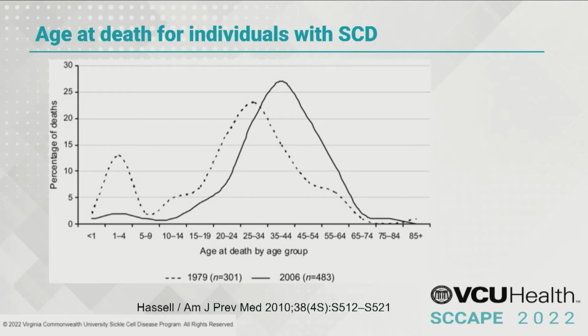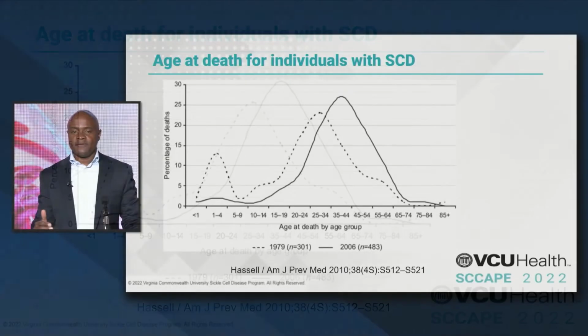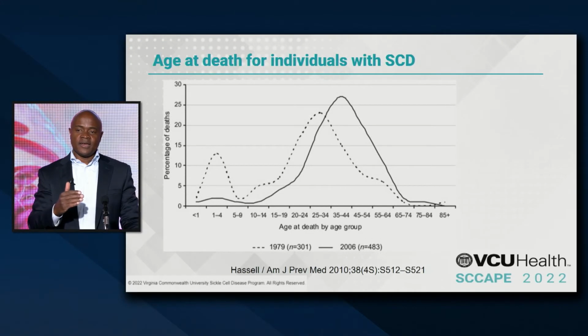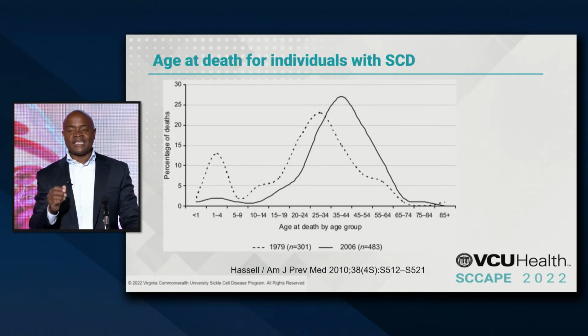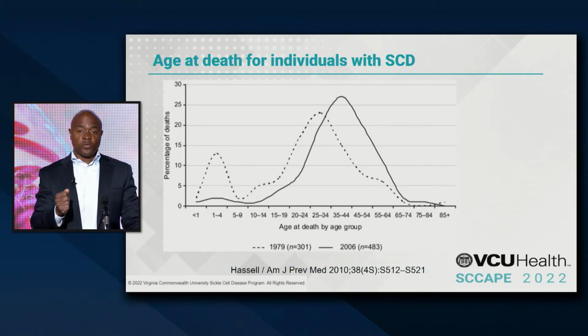With time, so the solid graph, I believe, is 2009 or 2008. What you see is that initial wave of deaths has been blunted significantly. And that is two things. It goes back to what I talked about with infections, and it also goes to what I did not highlight, but when I talked about other manifestations affecting the brain.